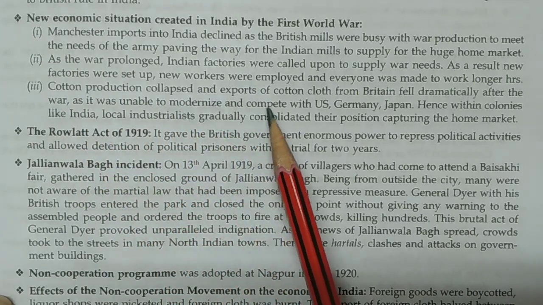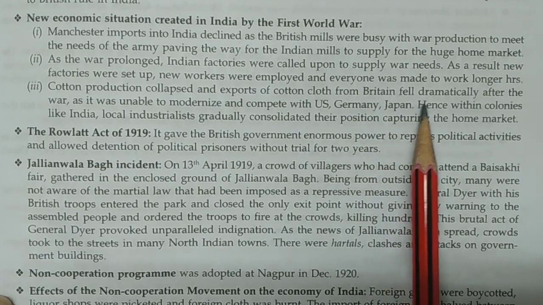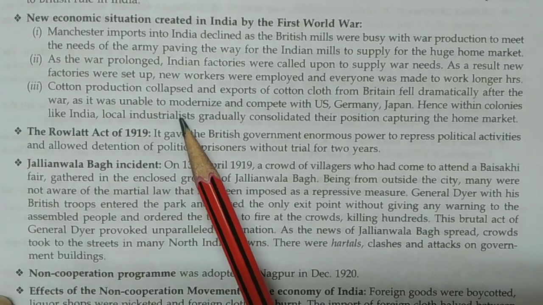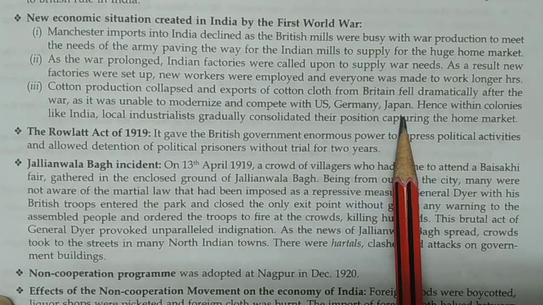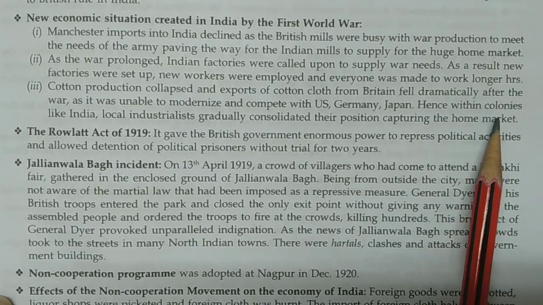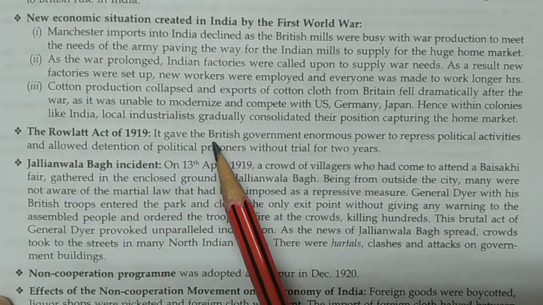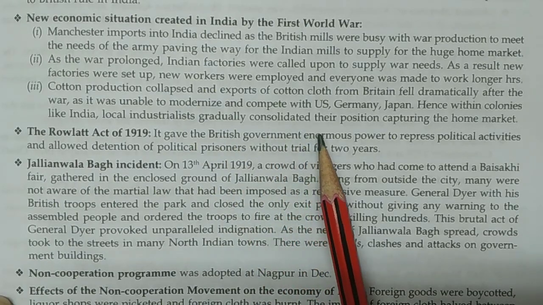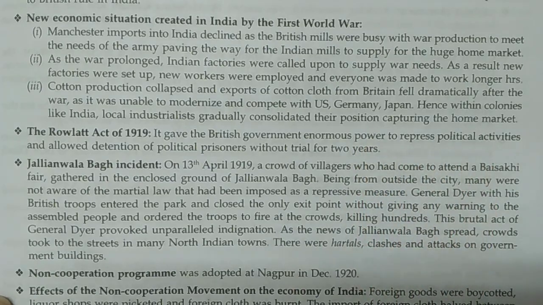The exports of cotton cloth from Britain fell dramatically after the war as it was unable to modernize and compete with the US, Germany, and Japan. Hence, within colonies like India, local industrialists gradually consolidated their position, capturing the home market.